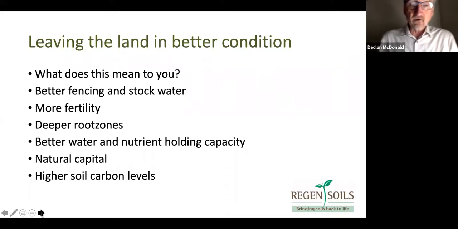Because if you can increase the carbon in your soil and maintain it at a high level, your soils are going to be performing at a higher level. And if you're able to increase soil carbon, which requires prioritization of soil carbon, the natural capital of your farm is going to improve, your overall productivity is going to improve, and the resilience of your farm is going to improve. It's so important.